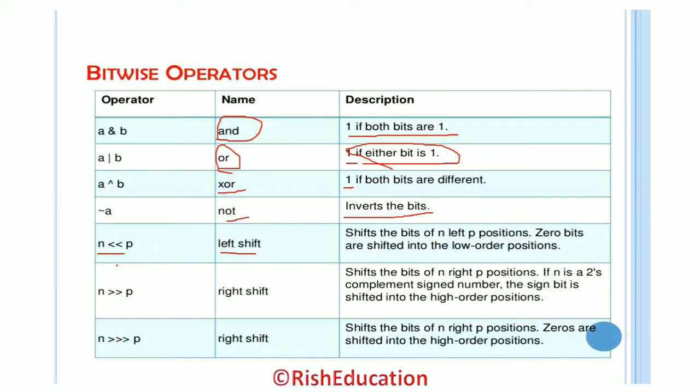Next is the right shift operator. It shifts the bits of n to the right by p positions. So a right shift 2 means the bits of a will be right shifted by 2.